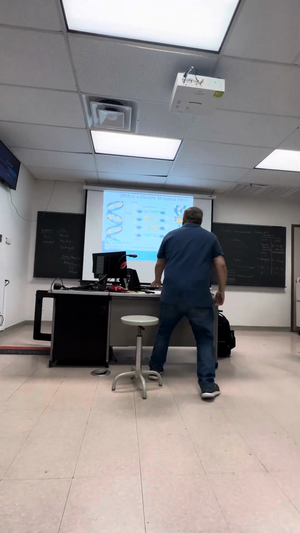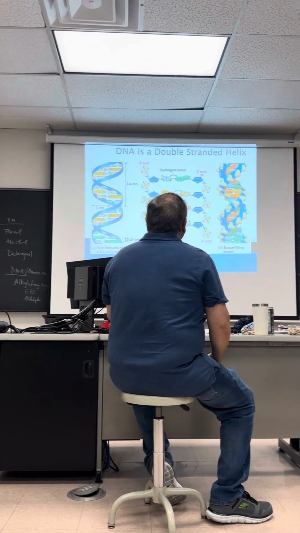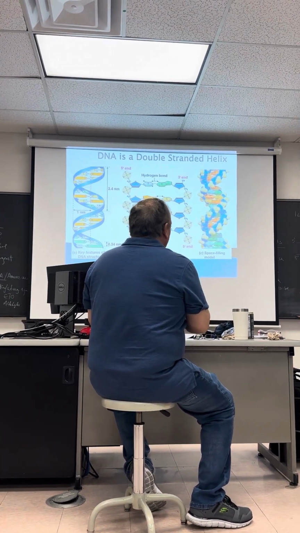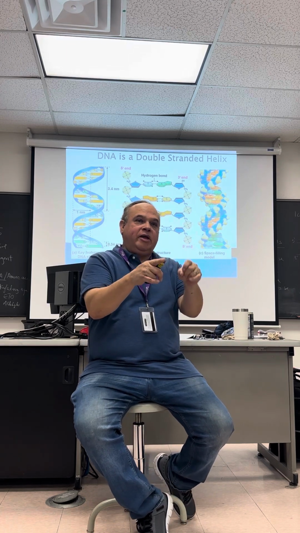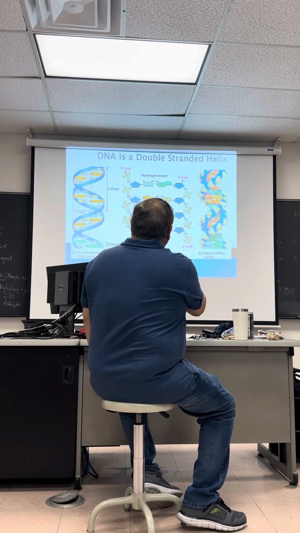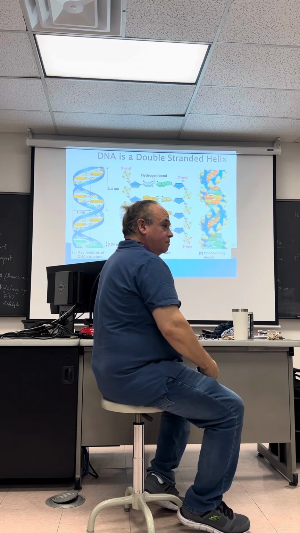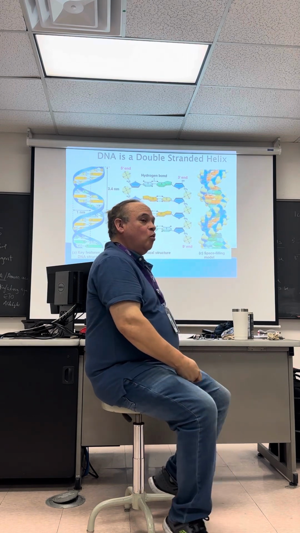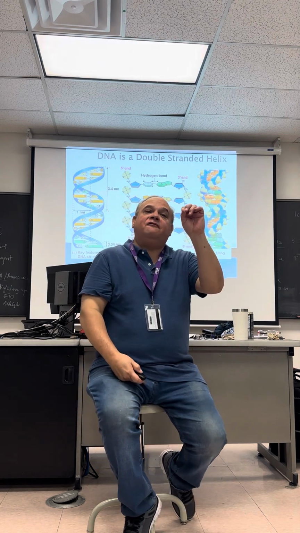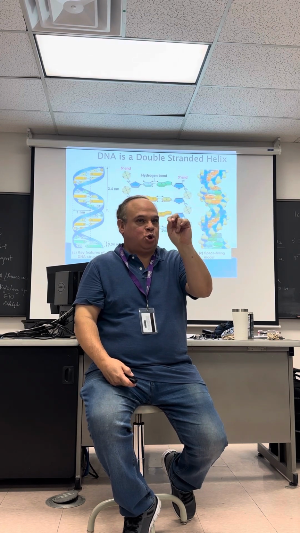Okay, good. So if we think about that for a moment, we say that the forward direction is 5' to 3'. What that means is it's going from a phosphate ending to a hydroxyl ending. That little tilde is prime. And what that means is that the phosphate group is attached to the 5th carbon of the sugar.